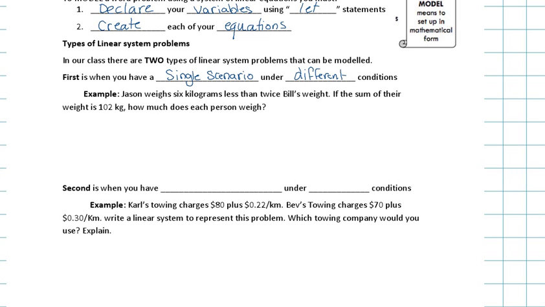So let's look at an example. Jason weighs 6 kilograms less than twice Bill's weight. If the sum of their weight is 102 kilograms, how much does each person weigh?